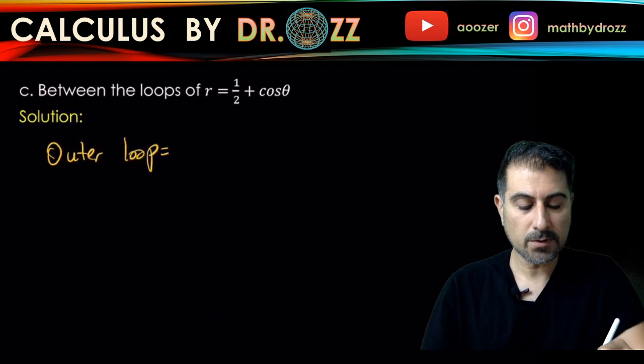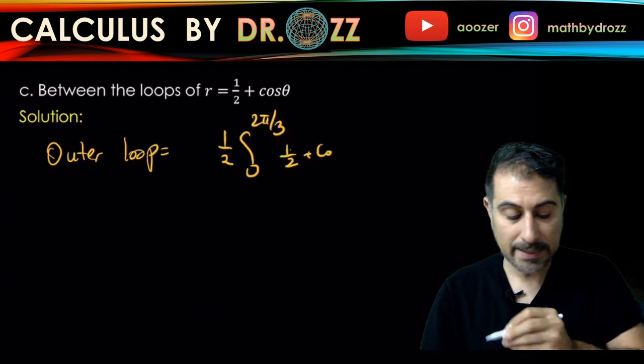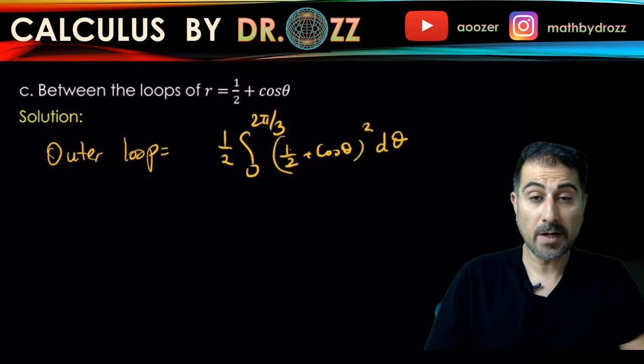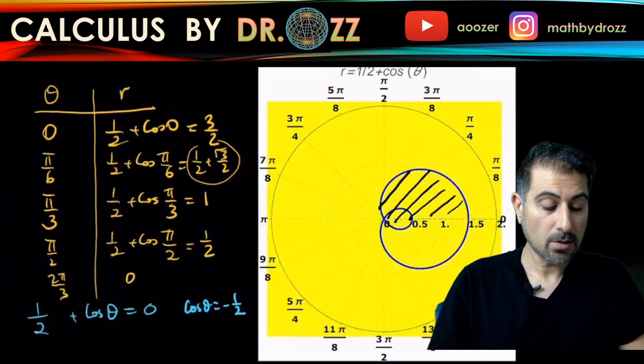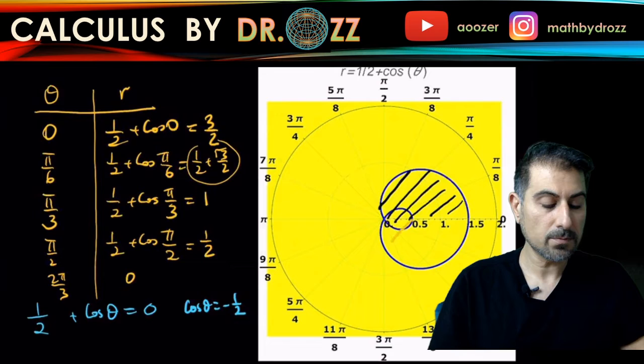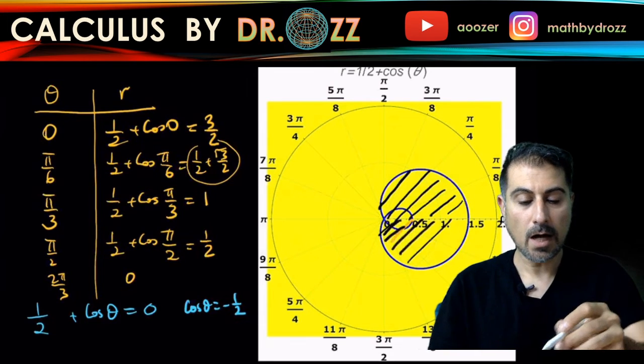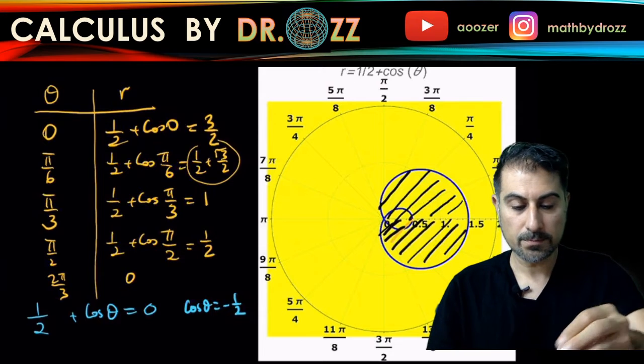It's 1/2 integral from 0 to 2 pi over 3 of 1/2 plus cosine theta quantity squared d theta. And if I want to find the whole outer loop, I'm going to multiply it by 2. The whole outer loop, including the inner one, you have to multiply that integral by 2.